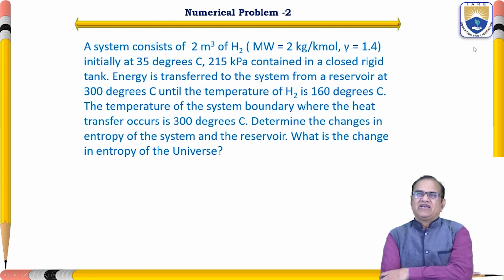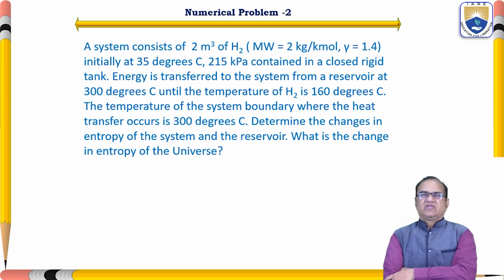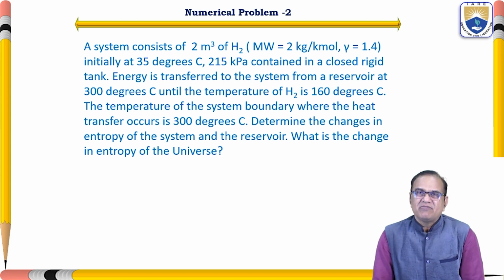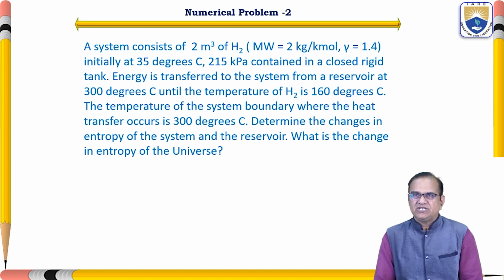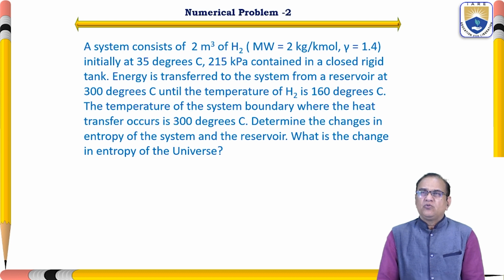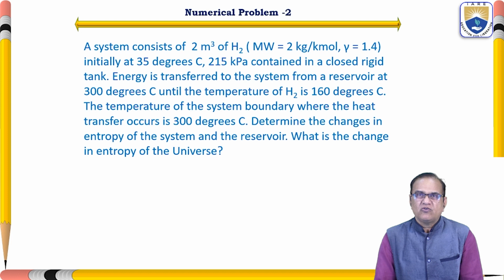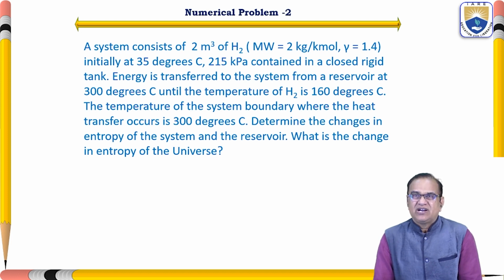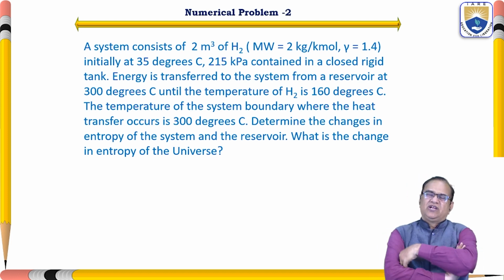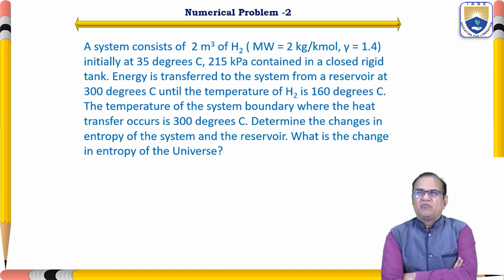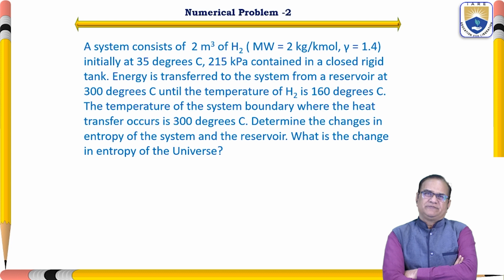Now I will go for the second problem. In this second problem, a system consists of 2 meter cube of hydrogen. The molecular weight is 2 kg per kilomole, gamma is equal to 1.4. Initially at 35 degrees centigrade and 215 kilopascal, contained in a closed rigid tank.